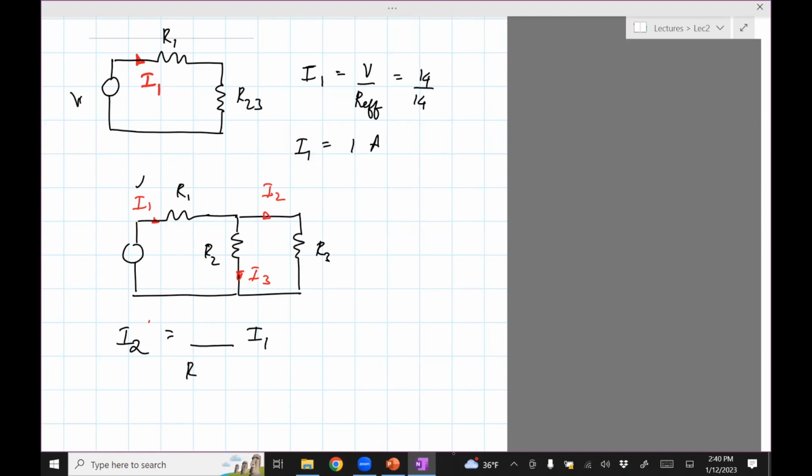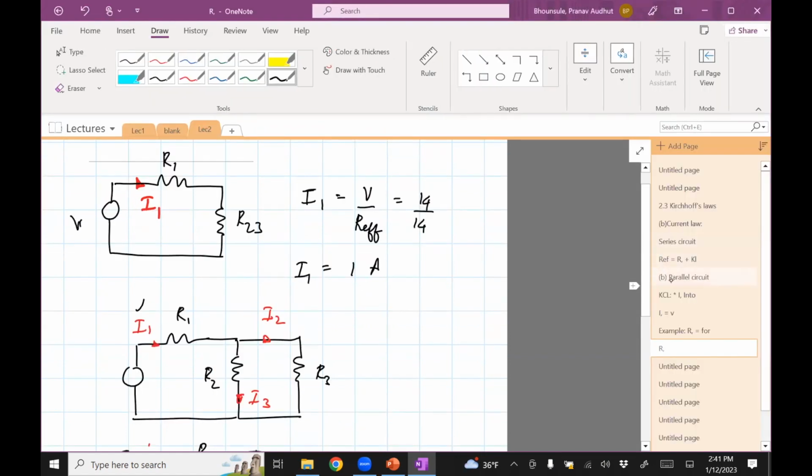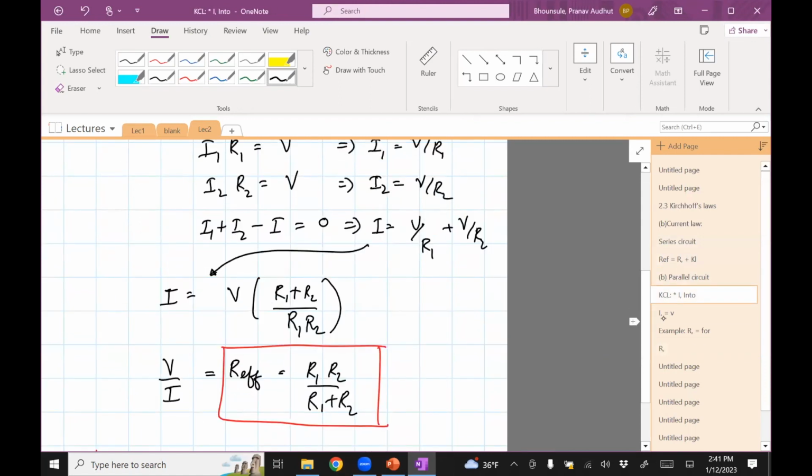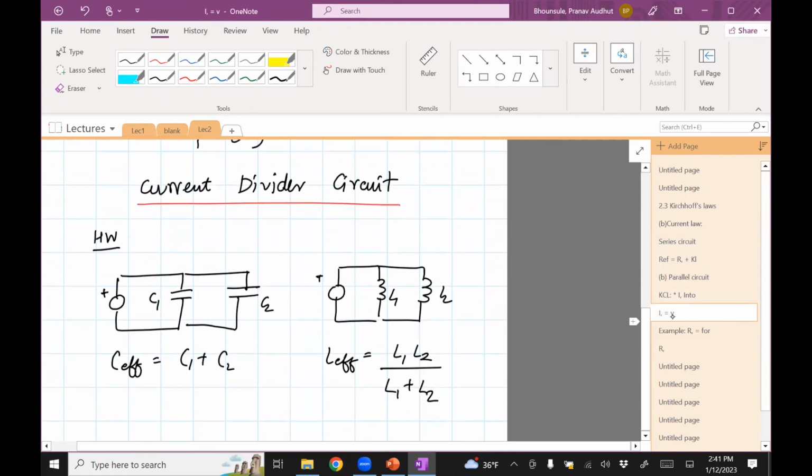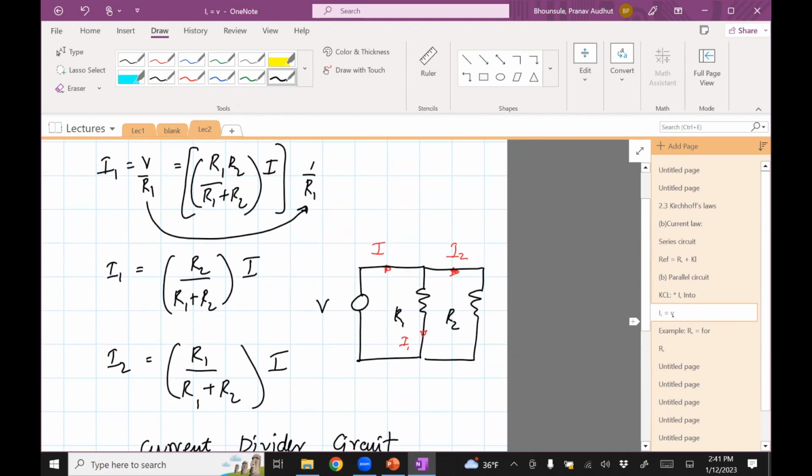It's going to be divided by the sum of the two resistors, and for the fraction, we need to multiply with R3. If we go back to the formula for the parallels, I1 was R2 divided by R1 plus R2.